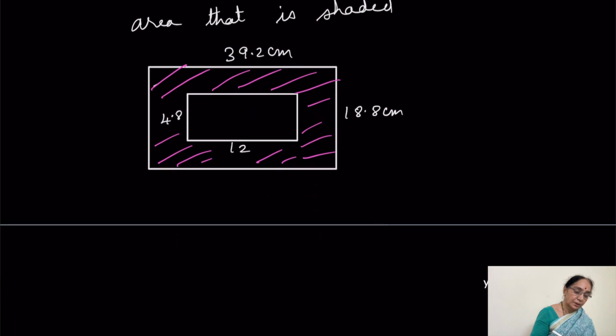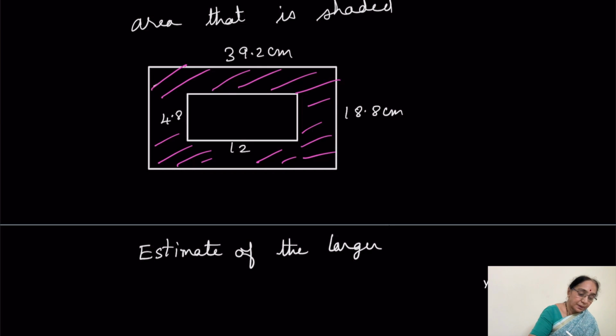Now let's calculate the area. The shaded area is the area of the larger rectangle minus the area of the smaller rectangle.